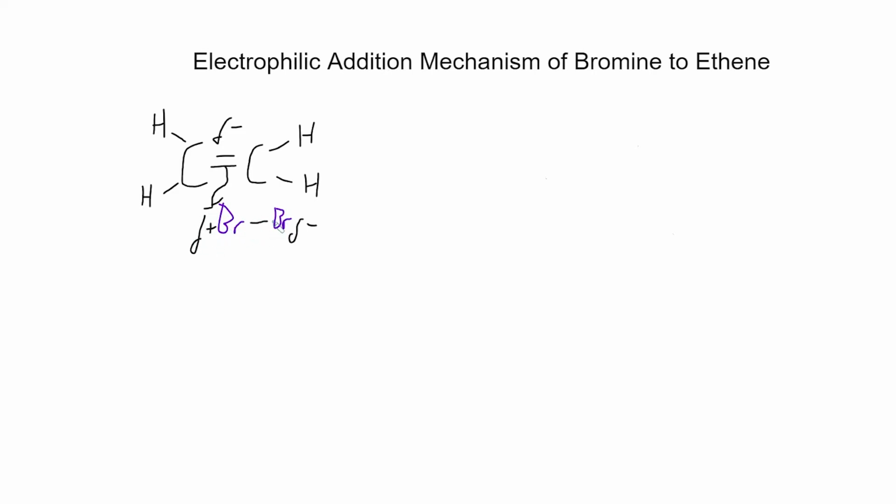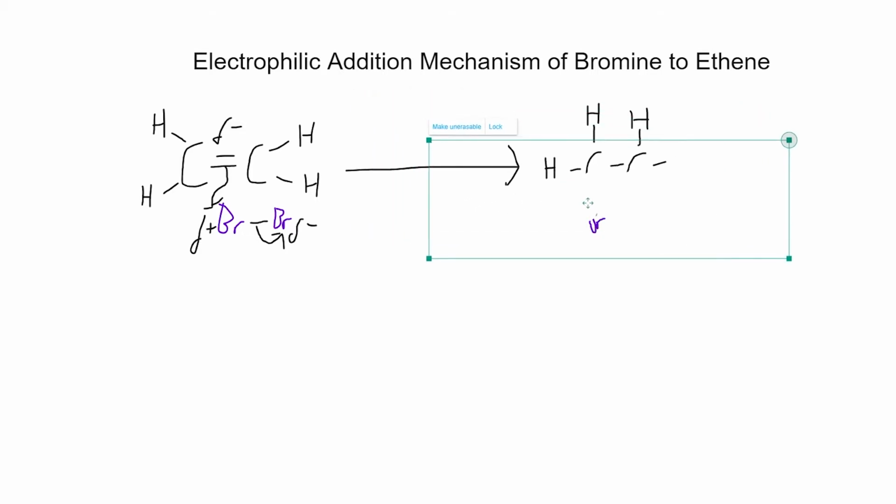That means that the bromine-bromine bond needs to break. And that means that the electron pair here in the bond will go to the delta negative bromine atom. That's all we need to do to annotate this first stage of the reaction. Let me show you the next one now.